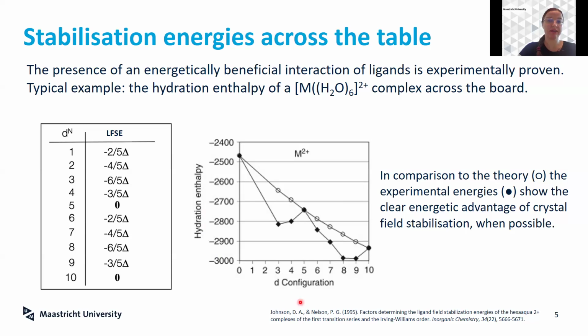So if you actually do the experimental estimation of the hydration enthalpy in comparison to the theory, whereas the theory is supposed to go monotonically as you go across the periodic table because it's a periodic property, the presence of the crystal field splitting and this energy advantage is going to make it so that, apart from the ones in which there is no crystal field splitting, so d0, d5, and d10, where there is no crystal field stabilization energy to bring into the system, all the other systems are going to have some sort of energetic advantage that comes exactly from this crystal field splitting, meaning that this effect must be real.